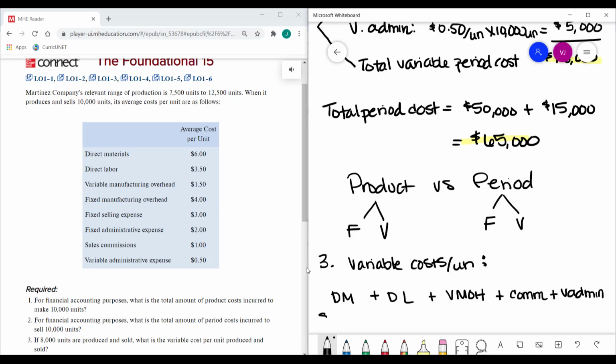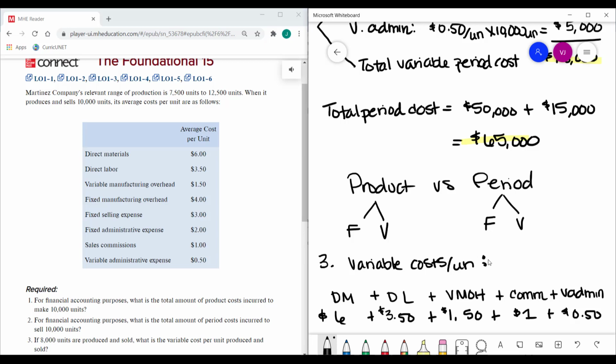And we already know what each of these are per unit. We're trying to find the total per unit variable cost. So direct materials is $6 per unit. Direct labor is $3.50 per unit. Variable manufacturing overhead is $1.50 per unit. Commissions is $1 per unit. And variable admin expense is 50 cents per unit.